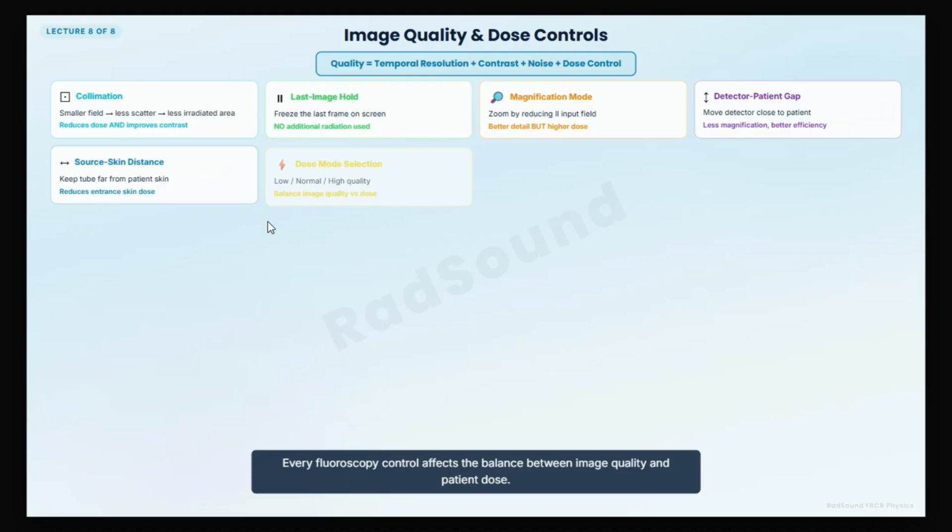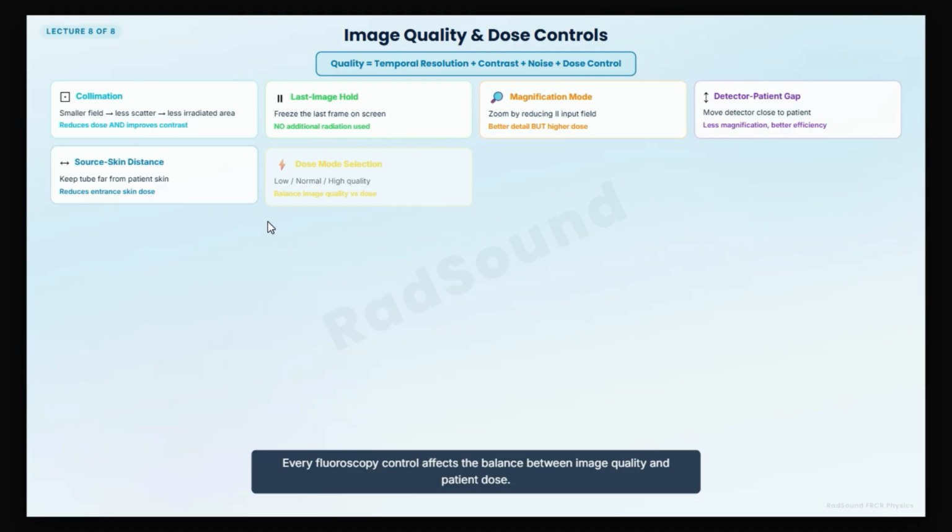There will be less magnification as you decrease the object to image distance, and better efficiency and better sharpness of the image. Sometimes when you decrease the magnification, you are decreasing the geometric unsharpness.